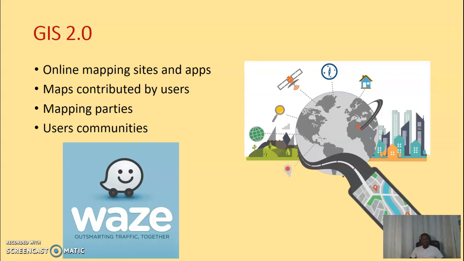An example is the Waze application, which provides traffic information to drivers or people who are on the roads. This is information which could not be provided by GPS providers or companies in the vehicles.